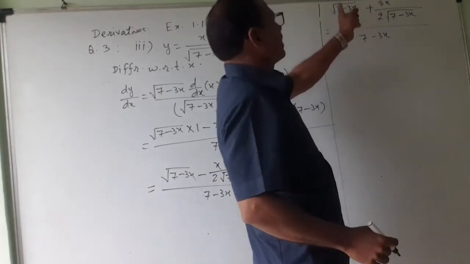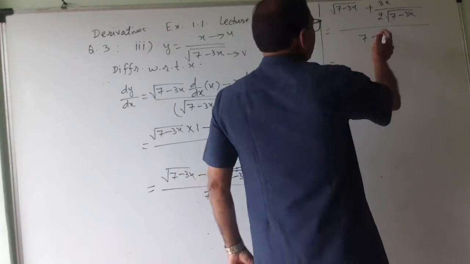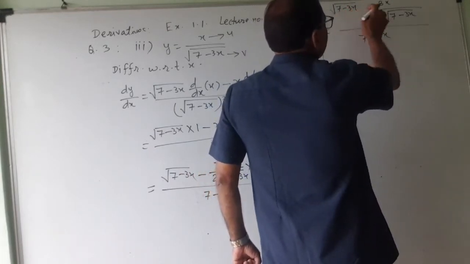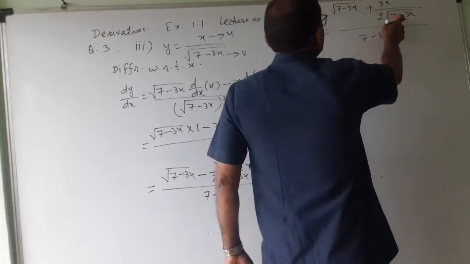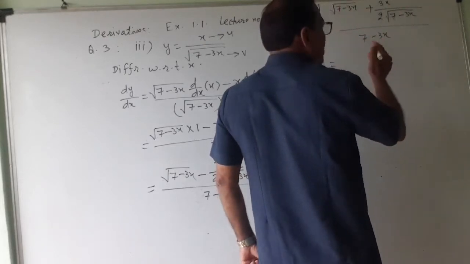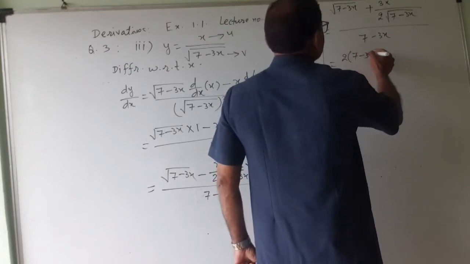Now I will simplify this. This into this is equal to root 7 minus 3x into 2 root 7 minus 3x. Root into root will become the square of root, means 2 into bracket 7 minus 3x.